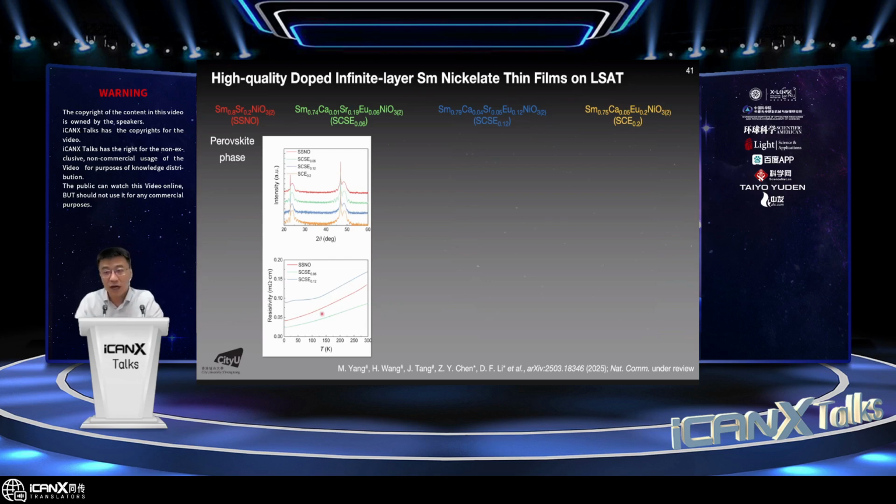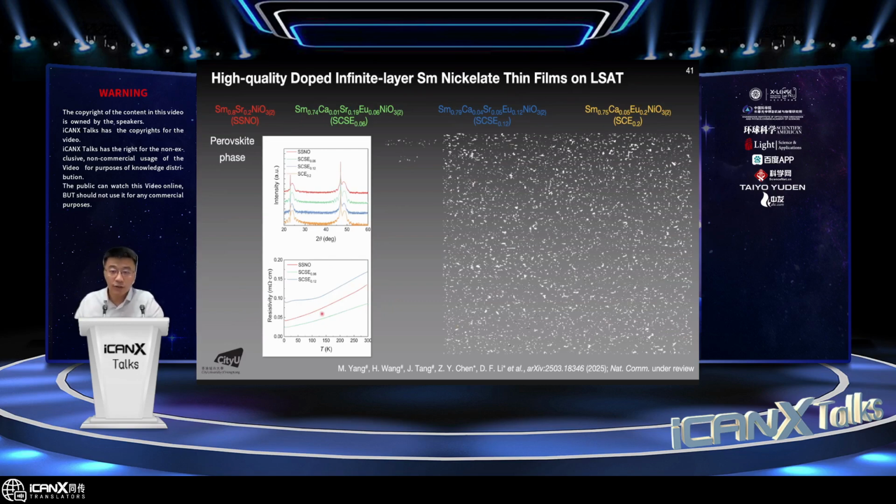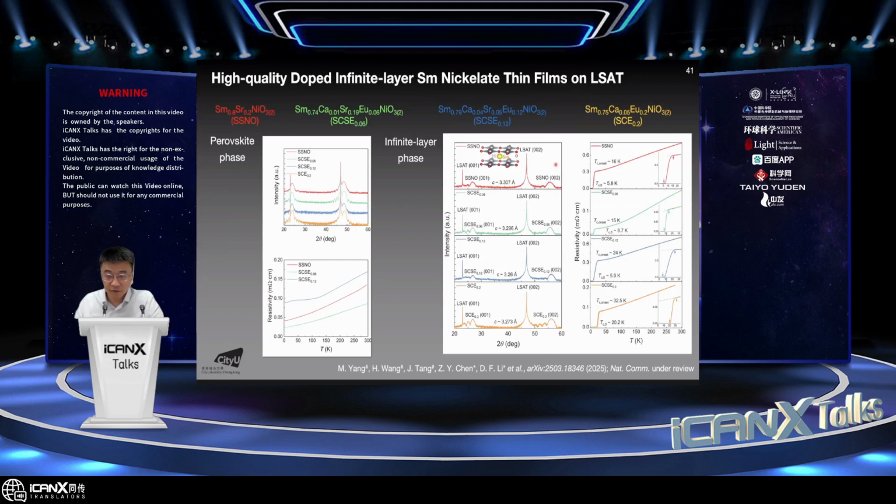After the intercalation process, we could successfully achieve the infinite-layer phase marked by these XRD peaks. And in these samples, superconductivity was robustly shown, with the highest Tc around 32 to 33 Kelvin.